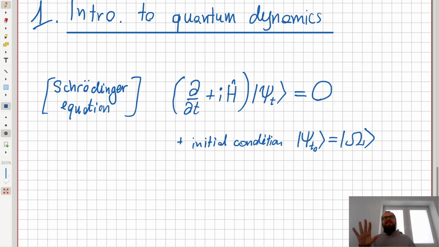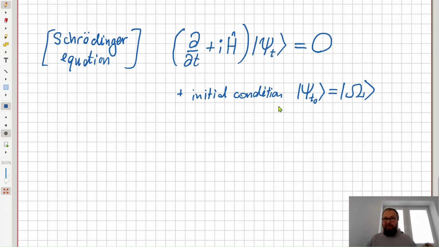This is the convention we adopt throughout all the notes: the dependence on time I will keep in the subscript. If you look for time dependence, it will be somewhere in the subscript. Superscript will be for something else. So this is the Schrodinger equation and initial condition.